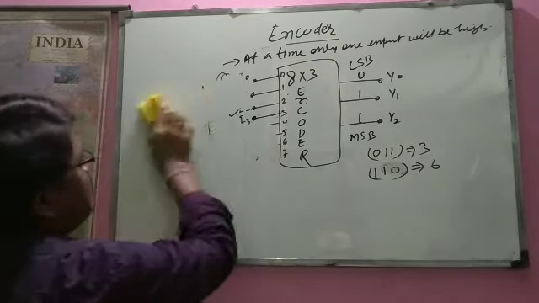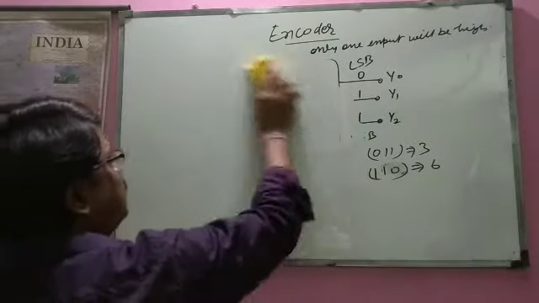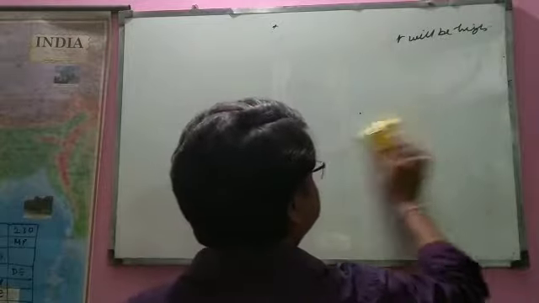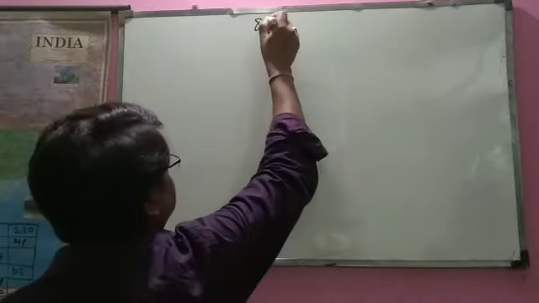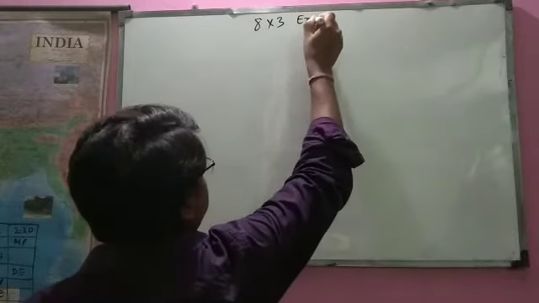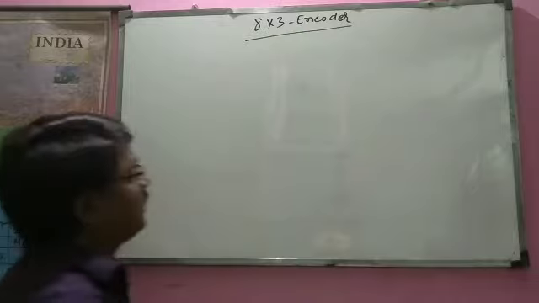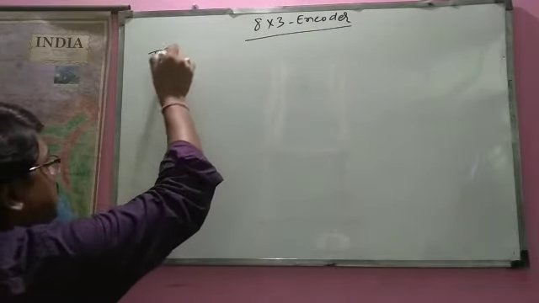Okay, so we are studying the 8:3 encoder, so we should remember it, and I am deleting all these things. So the 8:3 encoder, and the truth table of this one.